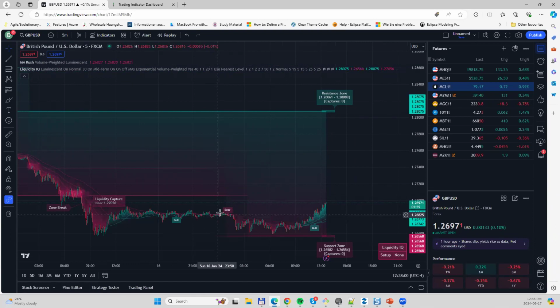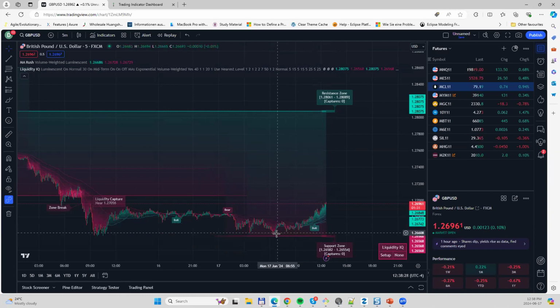Momentum shifted to bearish. Price initially went down, but then bounced off twice nicely off this support level. Once here, once here. So if you were to enter into a long bounce trade, could have been a nice idea. Now price has been going up ever since. Now it's a long way to go all the way to this resistance level, but we may see a bit more follow through after this bullish momentum shift in pound USD.